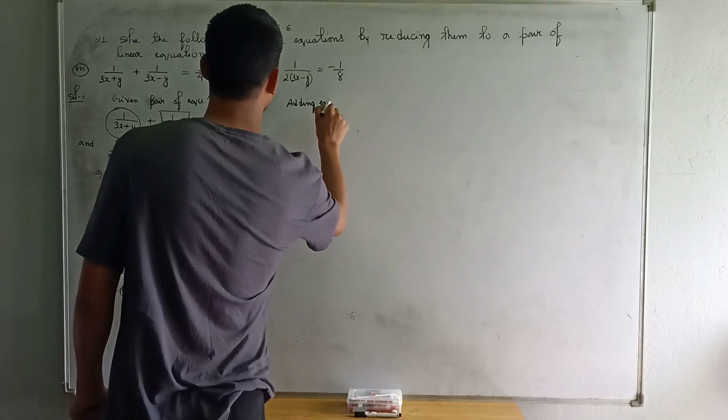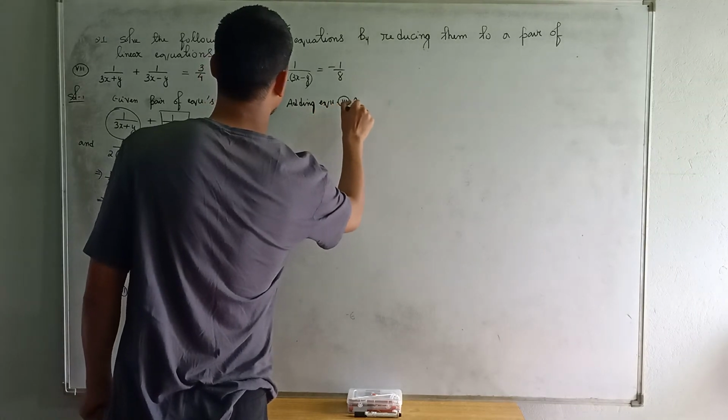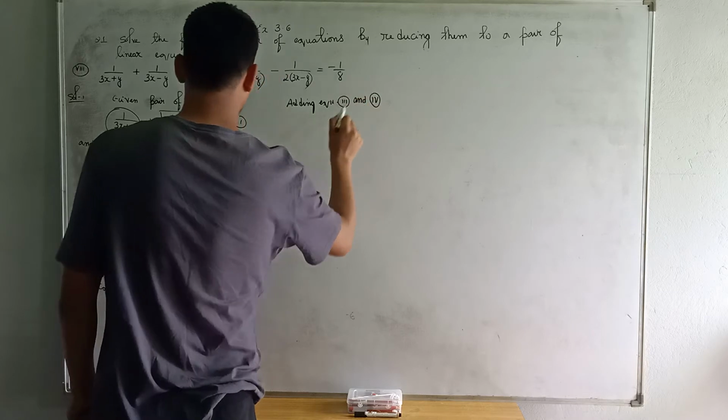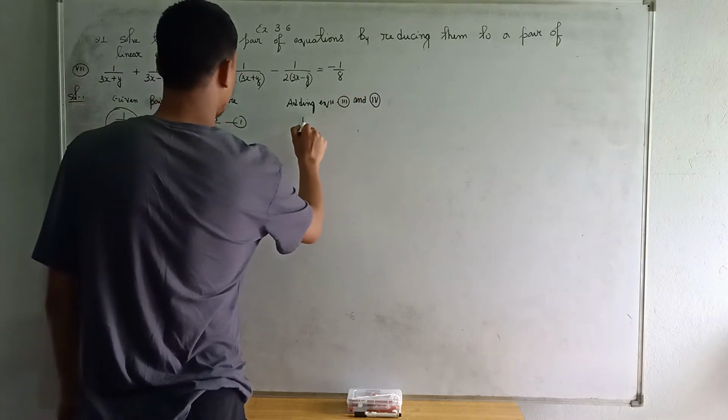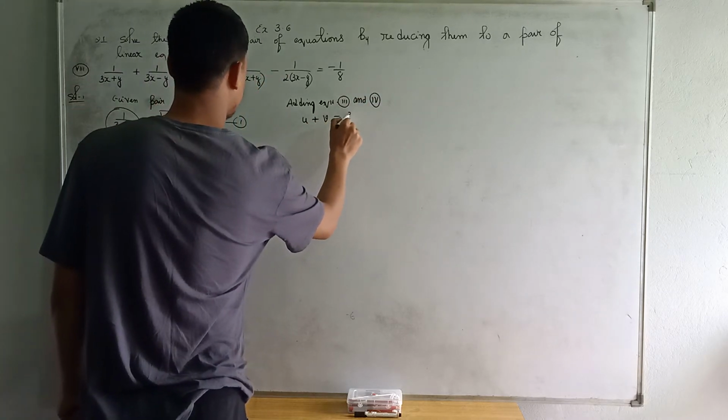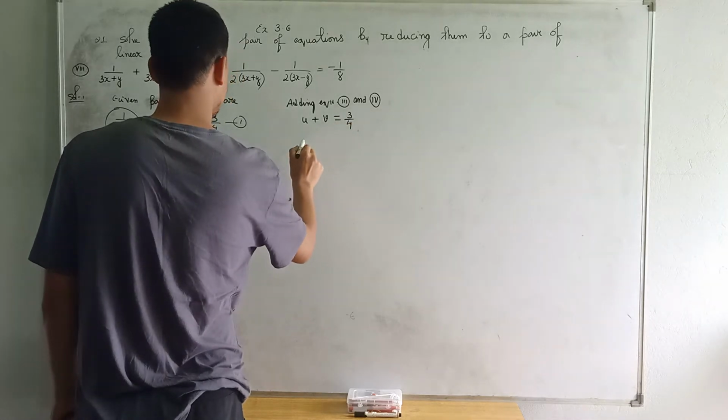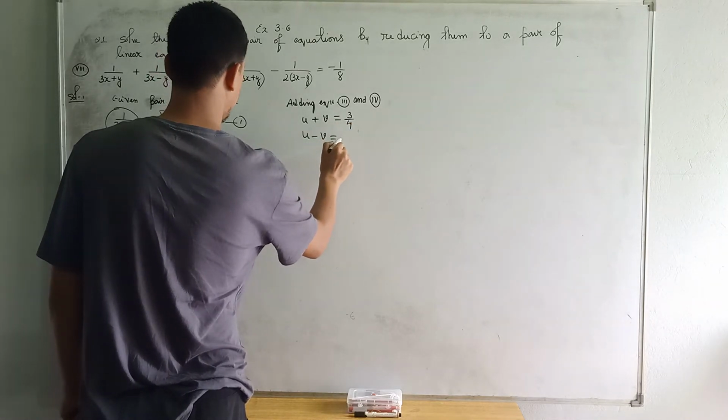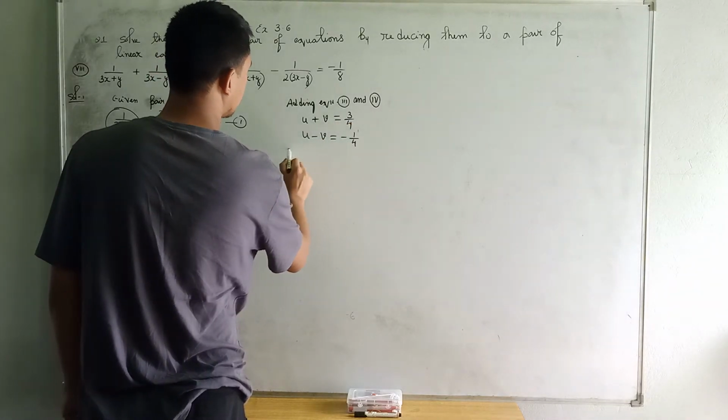So adding equation 3 and 4. Equation 3, u plus v is 3 by 4. Equation 4, u minus v is minus 1 by 4.